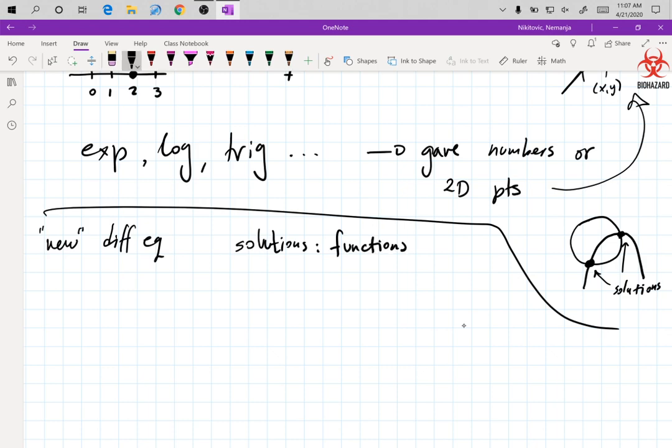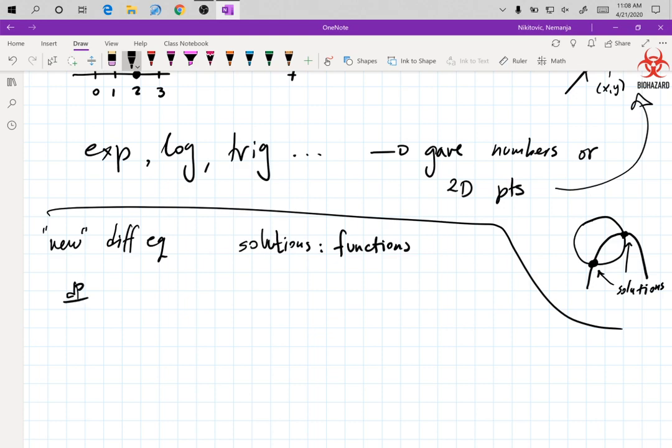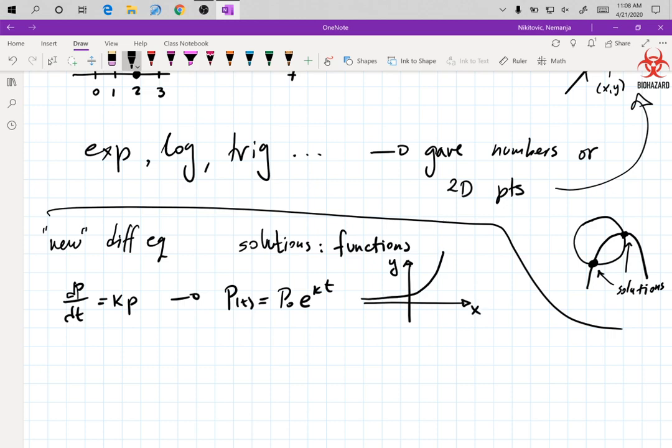So what we had is that first initial problem, dP/dt equal to kP, whose solution was P of t equals P0 e to the kt, and the solution was an exponential function graph with a P0 right there.